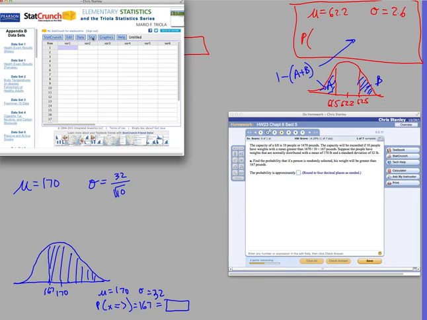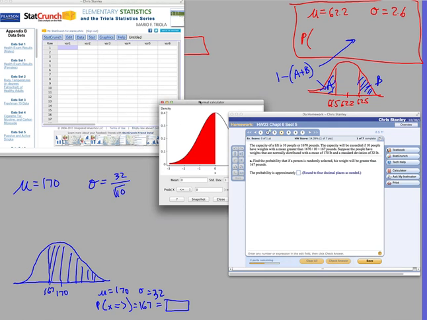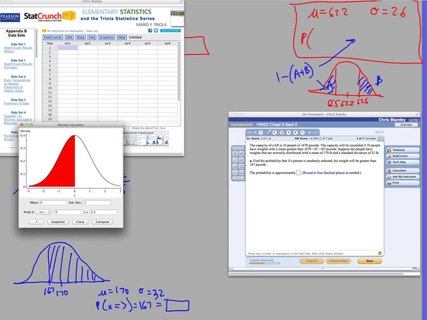Okay, StatCrunch. This is a review. Calculator, let's go to normal. Okay, so this is the problem right down here. I need the mean to be 170, because that's my mean. I need the standard deviation to be 32. I need this shaded region to be greater than, and I need this red to be 167, 167 to the right.